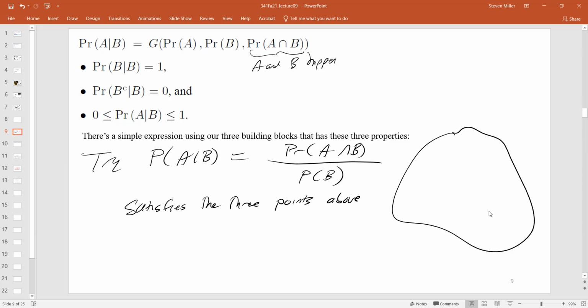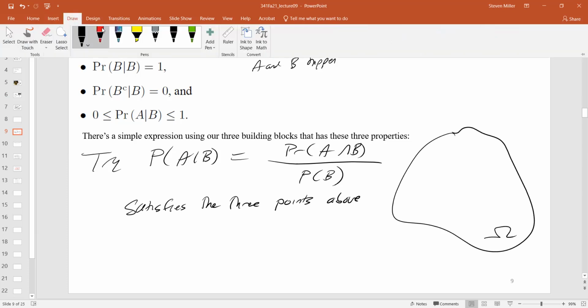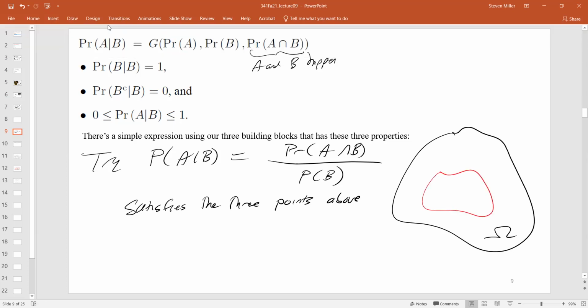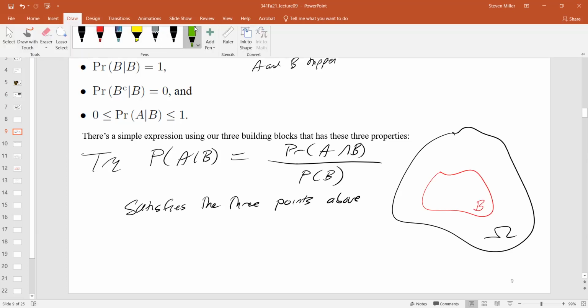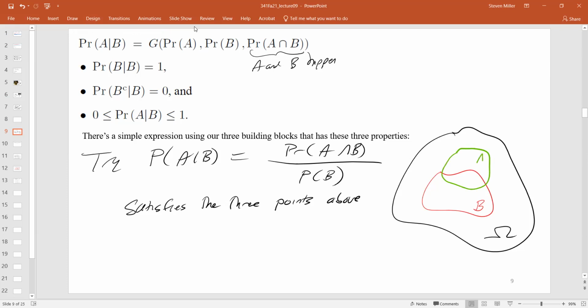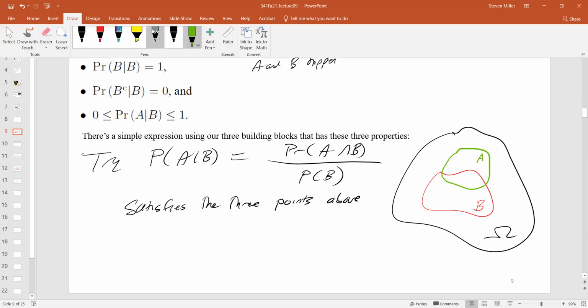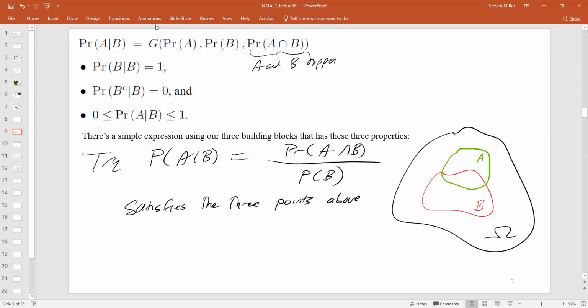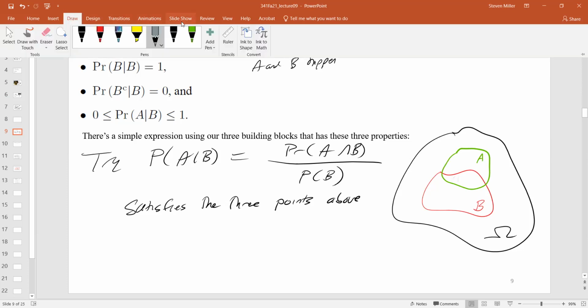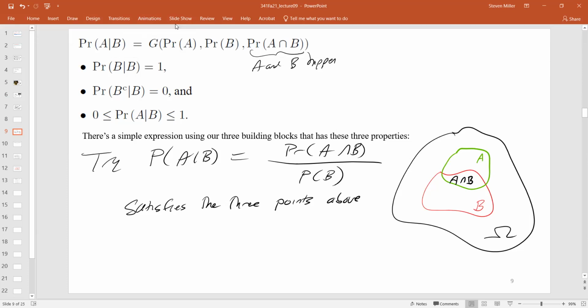I mean, what's really going on here is, imagine this is omega. Here is B. And then here is A. And then over here, this would be A intersect B. And so when we say B happens, we restrict ourselves to living in just the red region.